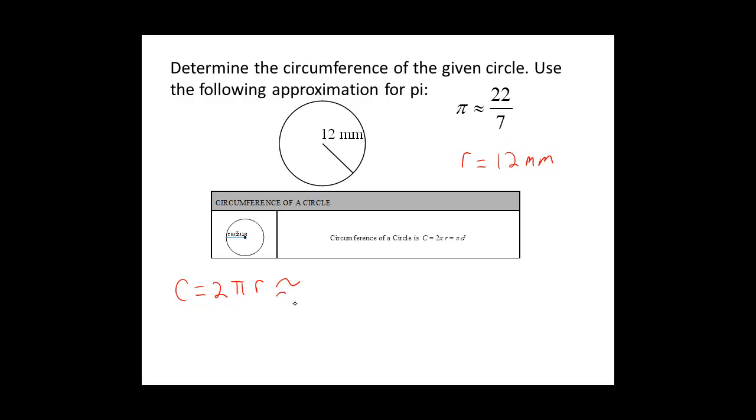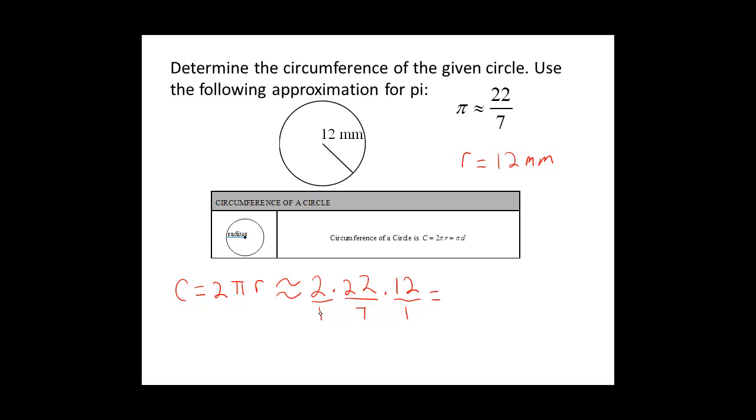When we replace pi with 22 over 7, we will use the approximation symbol, because now we are approximating the circumference using an approximation for pi. So we replace pi with 22 over 7 and r with 12. We have fractions that we're multiplying, so we will write our whole numbers as fractions by putting them over 1.